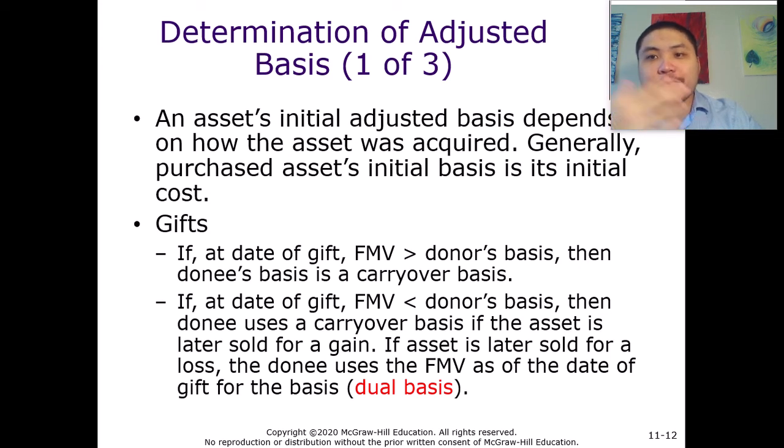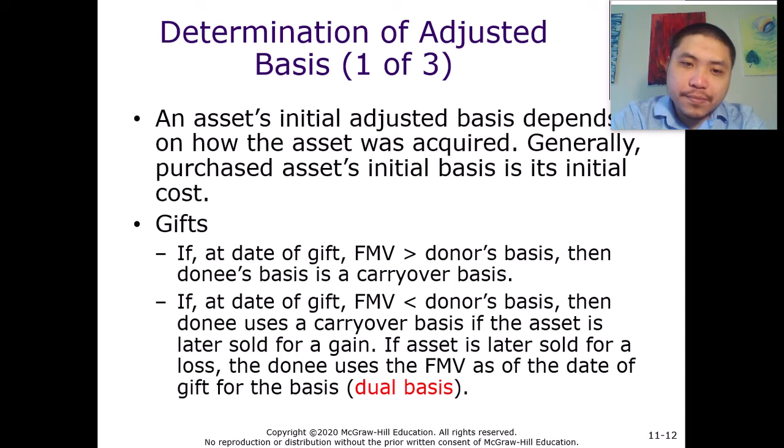How are we going to depreciate? So let's talk about that. For the case of a gift, since the taxpayer doesn't buy the property but receives it from someone else, the taxpayer's basis in the property is going to depend on the basis of the donor.